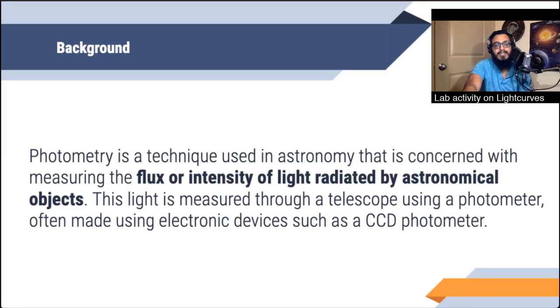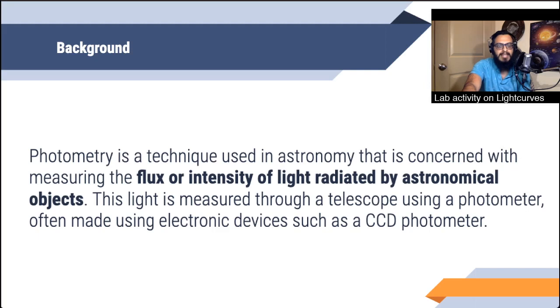Photometry is a technique used in astronomy that is concerned with measuring the flux or intensity of light radiated by astronomical objects. So here, the keywords, right? Flux. It's the intensity of light radiated by astronomical objects.